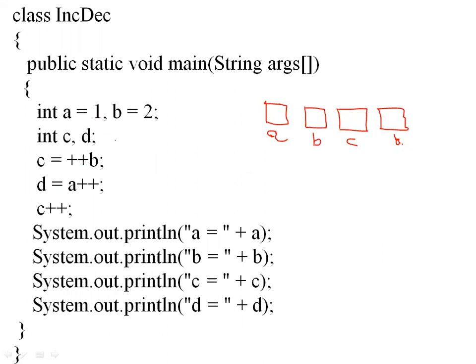So A value is 1, B value is 2, given. When it comes here, C is equal to plus plus B. So C value is 3. D value is also the same, 3.